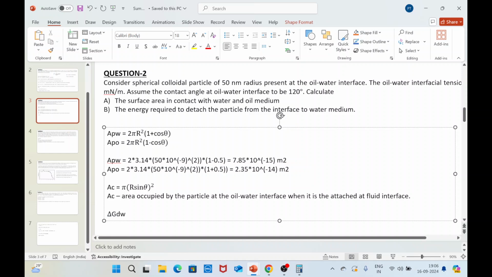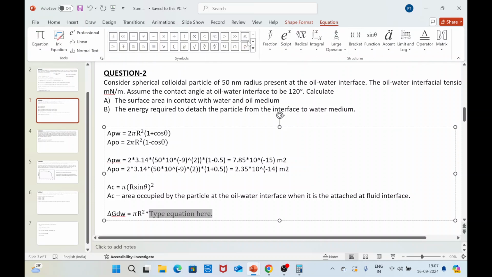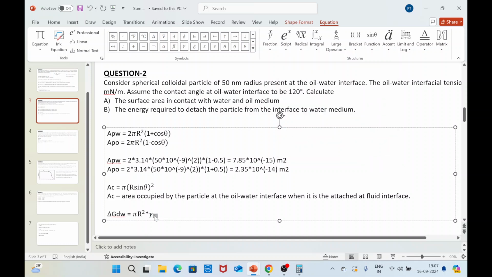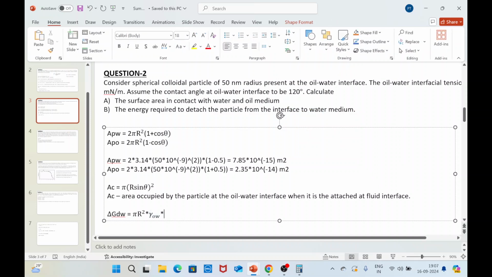Delta G dW, that is the amount of energy that is required to detach the particle from the interface to the water medium, is given as pi r square times gamma OW times 1 minus cos theta, the whole square.